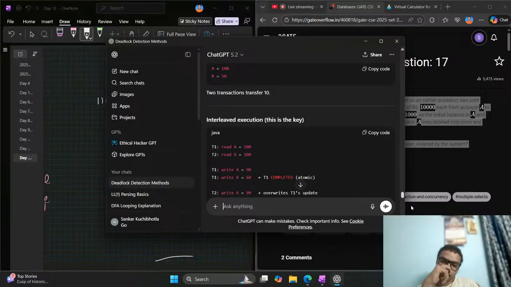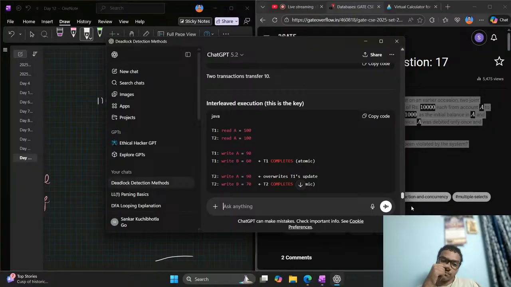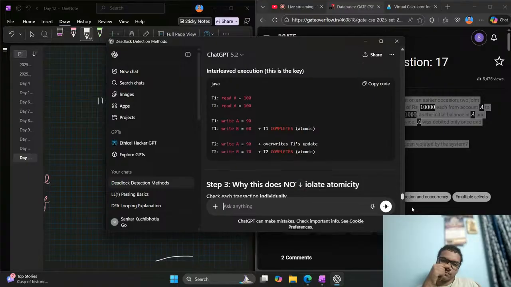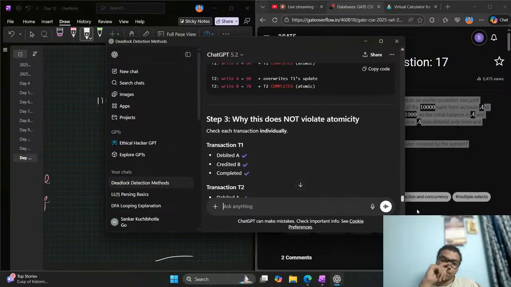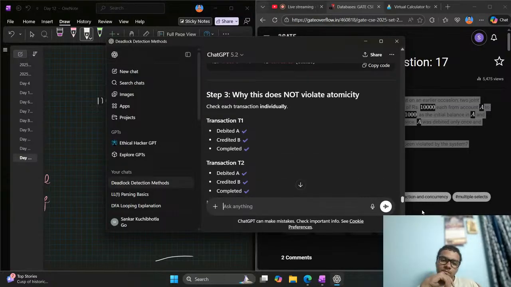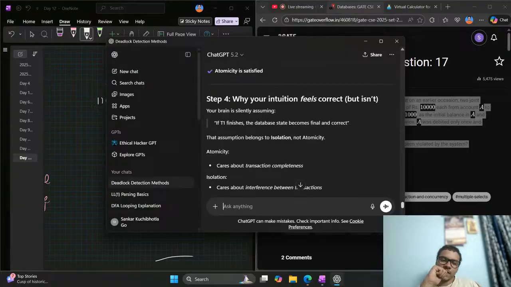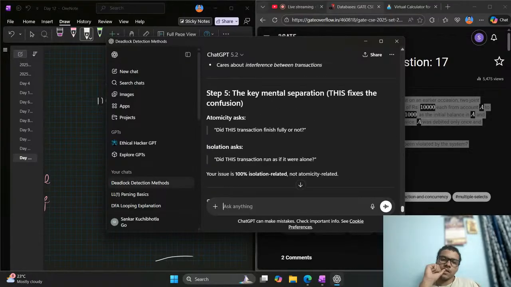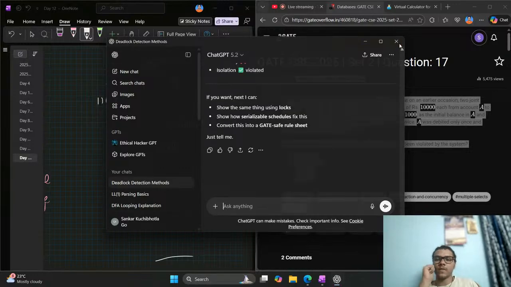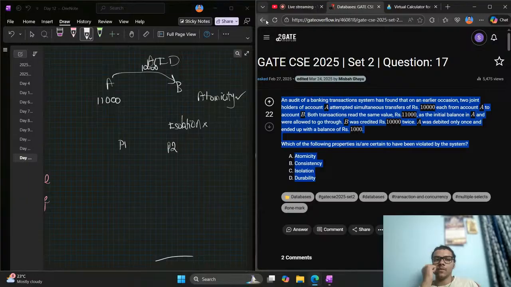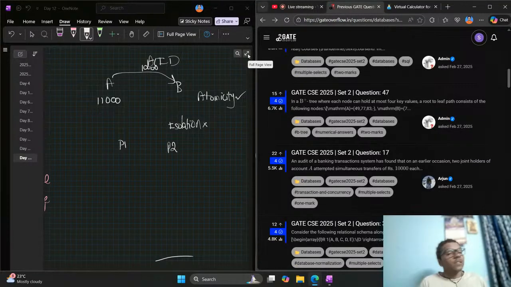Transfer 10 rupees, okay. Got it. So I had a wrong understanding about the ACID properties.